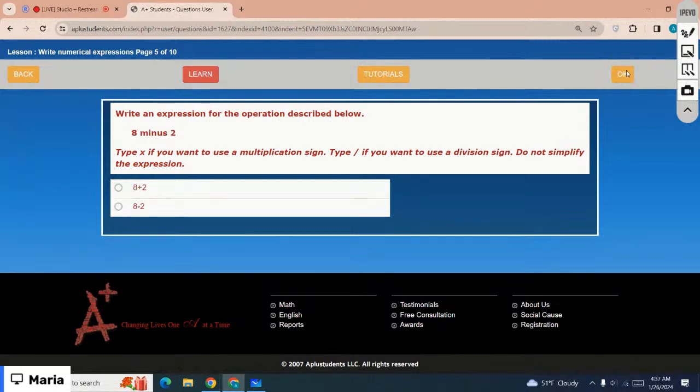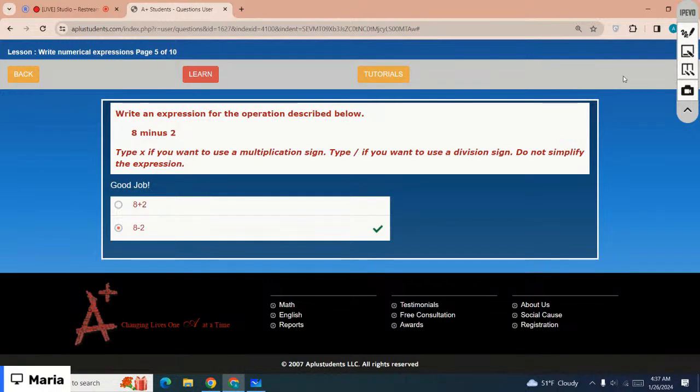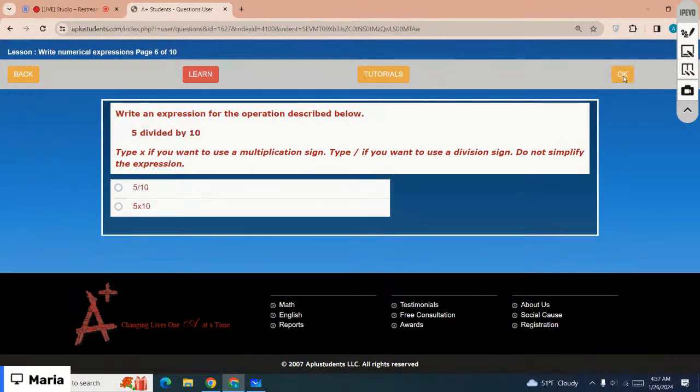Which is the correct option? Yes, that is the second option. 8 minus 2 is the one. Write an expression for the operation described below, 5 divided.